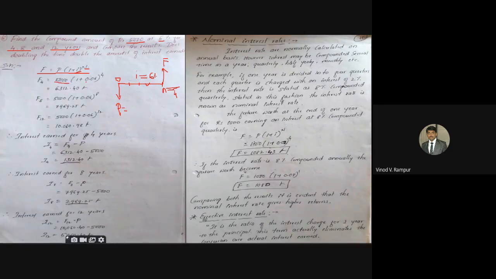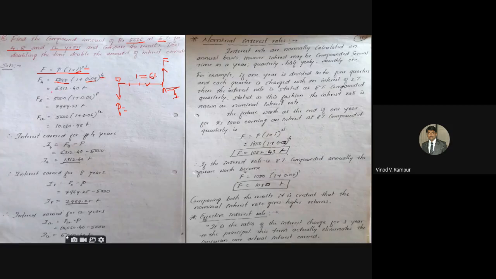So 1 plus 0.06, that is 6 by 100, the rate. This is already in years, so there is no need for conversion to months, half-yearly or annual. So n is equal to 4.